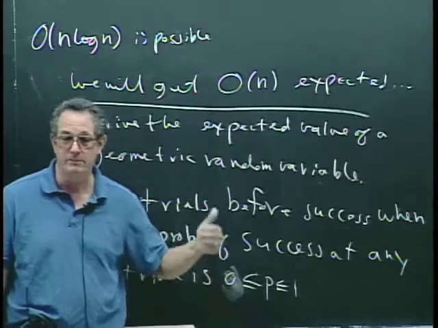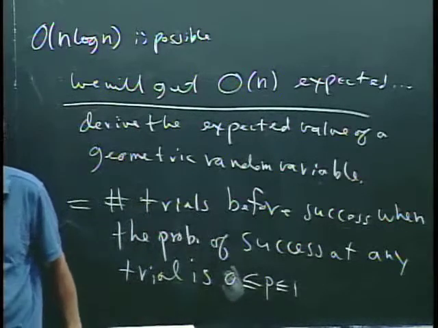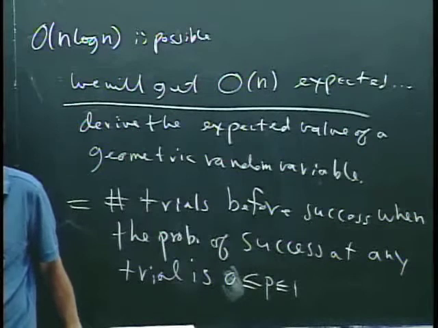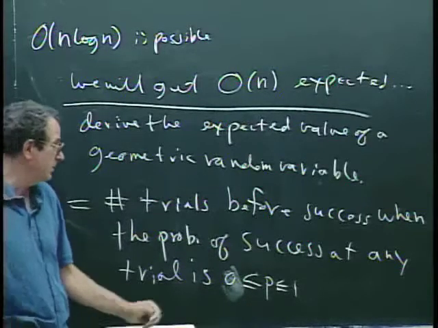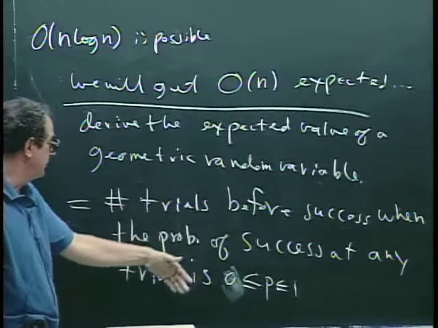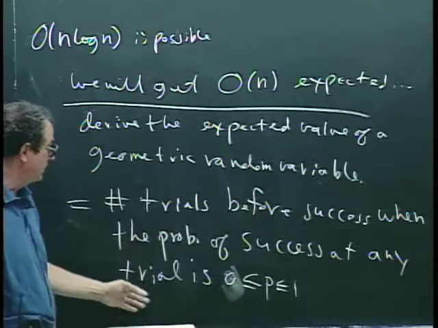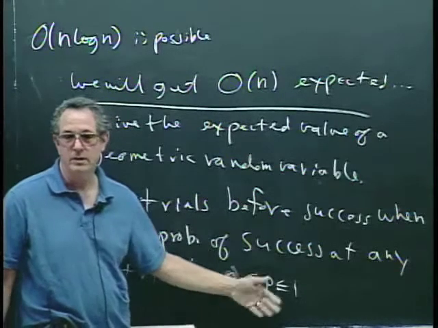So I could be flipping a biased coin where the probability of a heads is 3/4 and the probability of a tail is 1/4. That's possible also. Then we would ask, what's the number of trials before success when the probability of a head is 3/4?